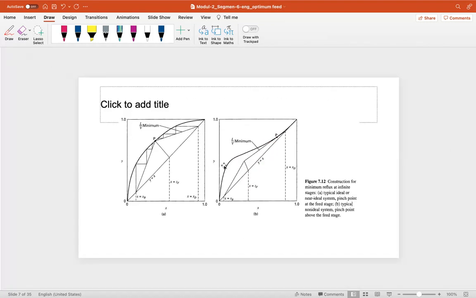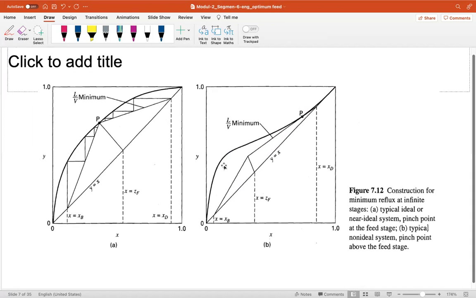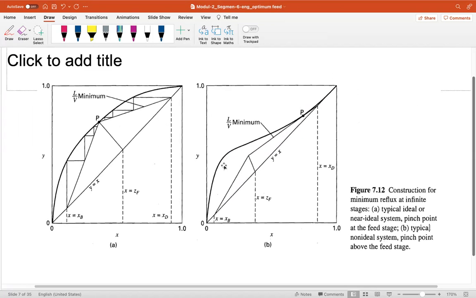What happens if we have a typical line like this? This is the normal one that we can see, like before. So this is the construction for minimum reflux at ideal reflux, for example.